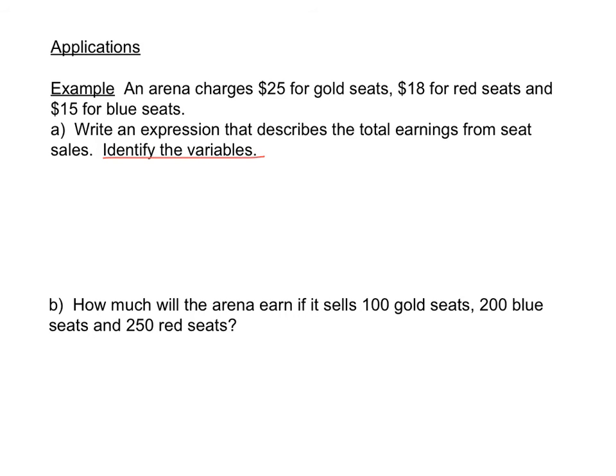You want to always identify your variables at all times. So we're going to start with our let statements. I'm going to say let G represent the number of gold seats.